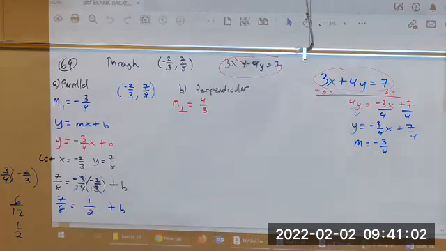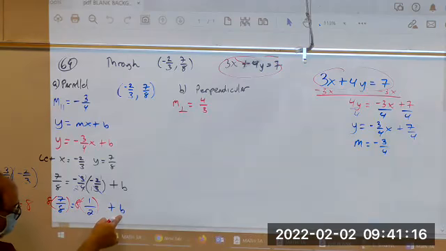Let's get rid of the fraction. The least common denominator for an 8 and a 2 is an 8. The first number that 2 and 8 both go into equally is an 8. So I'm going to multiply everybody by an 8. Don't forget to multiply everybody, that includes the b.